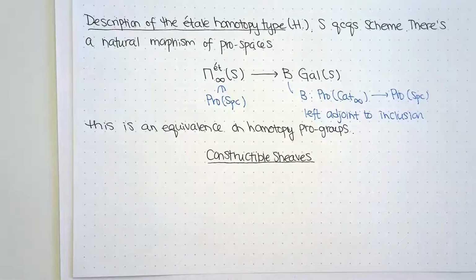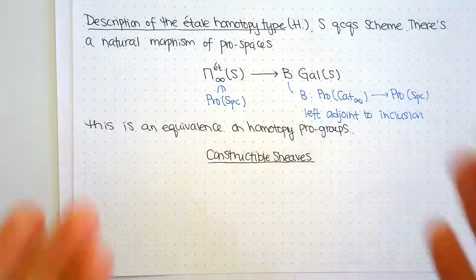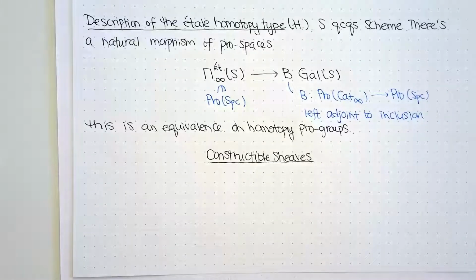Cool. Maybe I haven't really explained the QCQS-ness assumption, but at the back of this there's a bunch of ideas from stratified homotopy theory being used. Since I'm not explaining the proofs, it's not obvious where they're used.